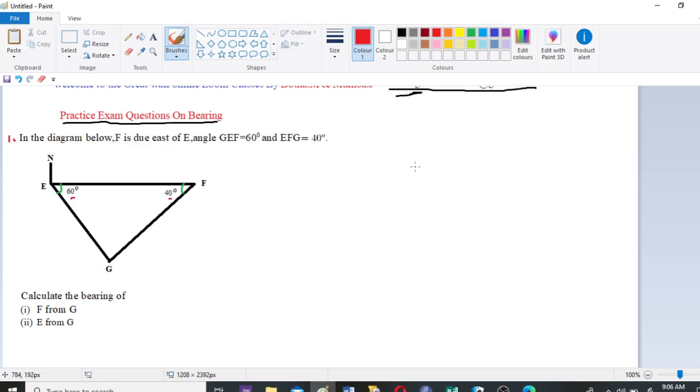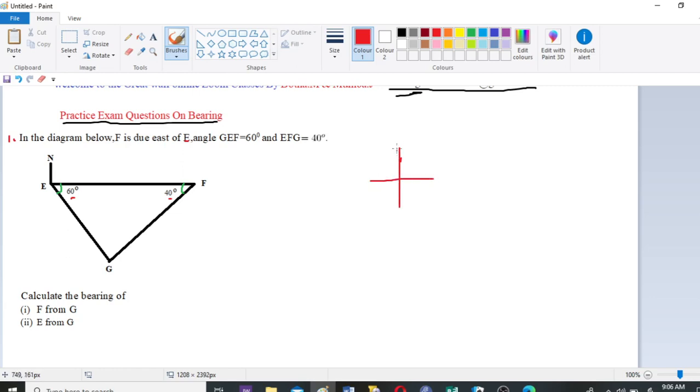Now here is something that you need to keep in mind before we start solving. When you are told a certain position is due east or due west of another position, you need to remember the compass.